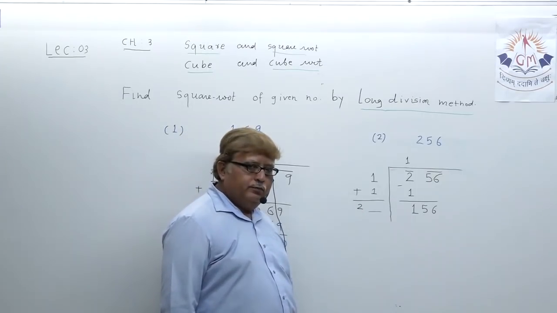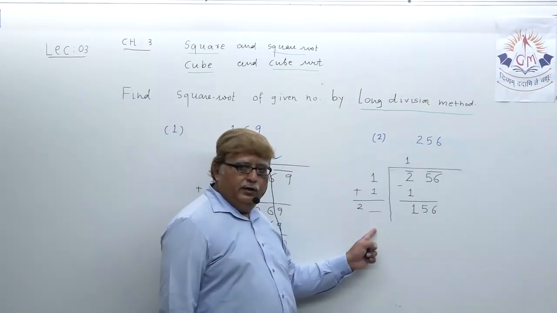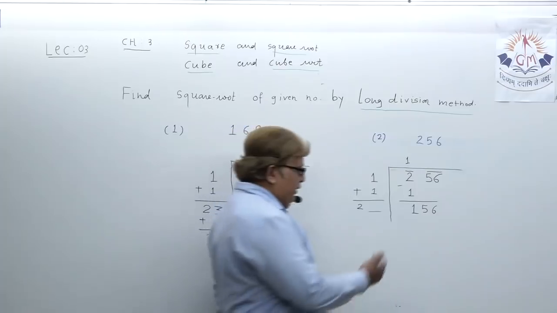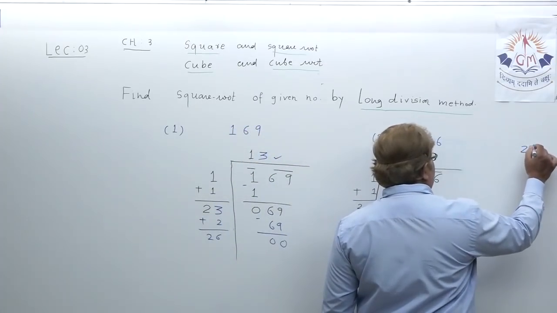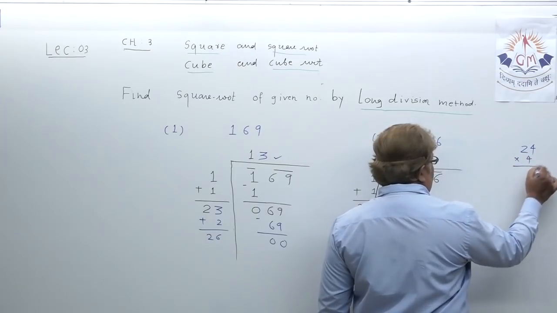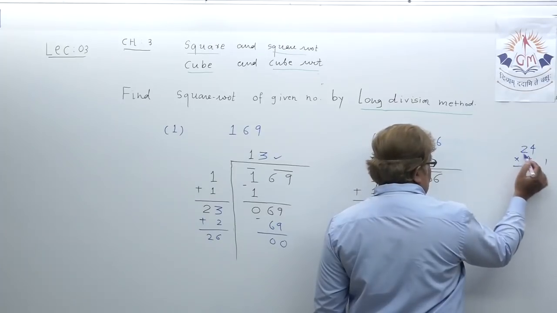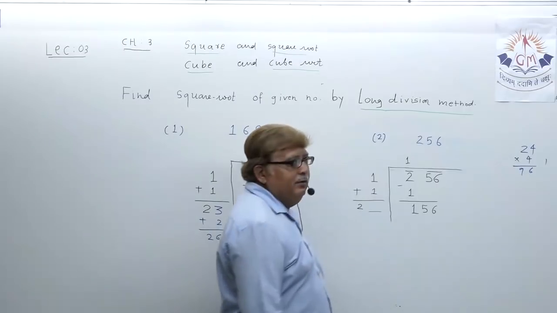Suppose 4. So 24, 4 ja, 4 4 ja 16. May it come, let us try to understand. If I take 24, 4 ja, 4 4 ja 16, 1, 4 2 ja 8, 8 plus 1, that is 9, 96. Not possible.